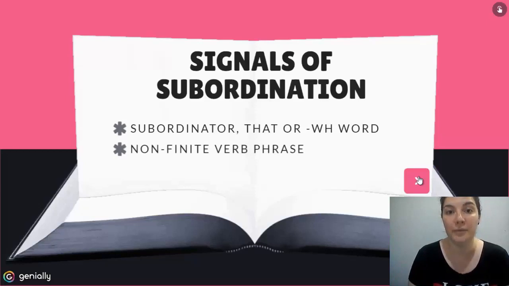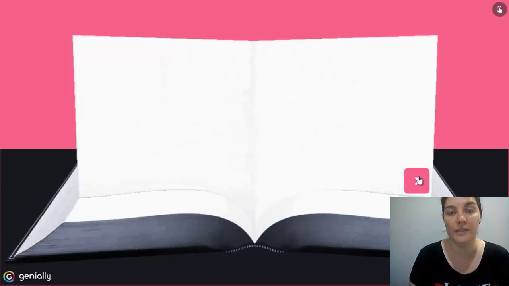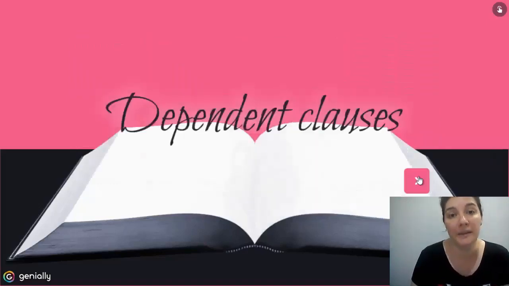These non-finite verb phrases are those which lack modality or tense, and they can be to infinitives, ed clauses, ing clauses, or verbless clauses. Dependent clauses can be either finite or non-finite. They can show tense and modality or not.